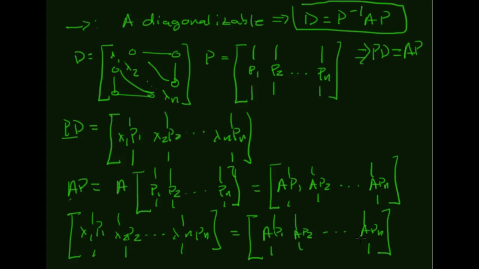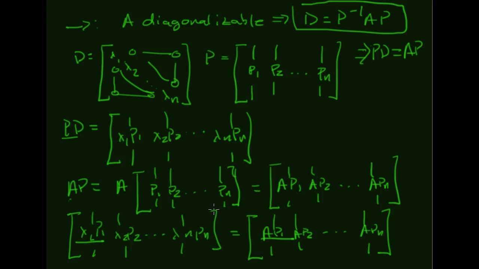So this means that the lambda n Pn's and the A Pn's are equal. If we think about this, since lambda P is equal to AP, each of these has to be an eigenvector corresponding to the eigenvalues lambda 1, lambda 2 to lambda n. Now how do I know that they're linearly independent?